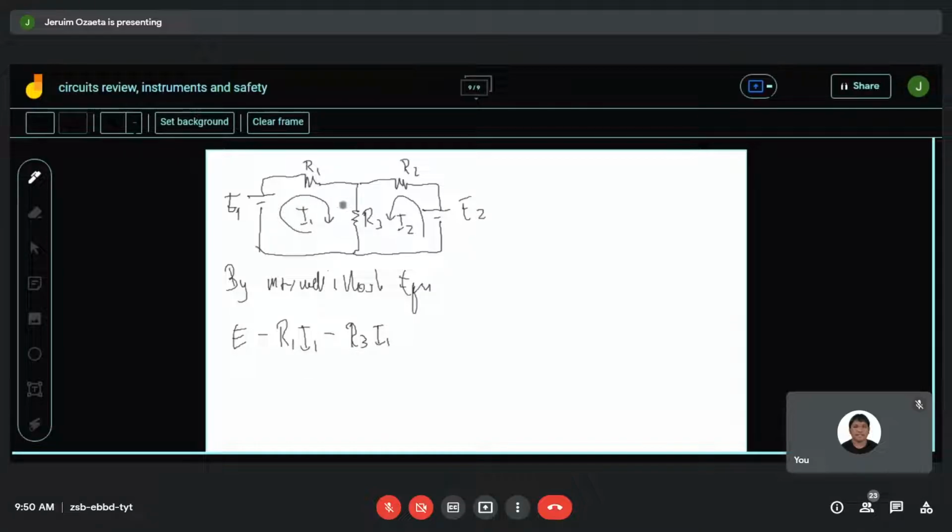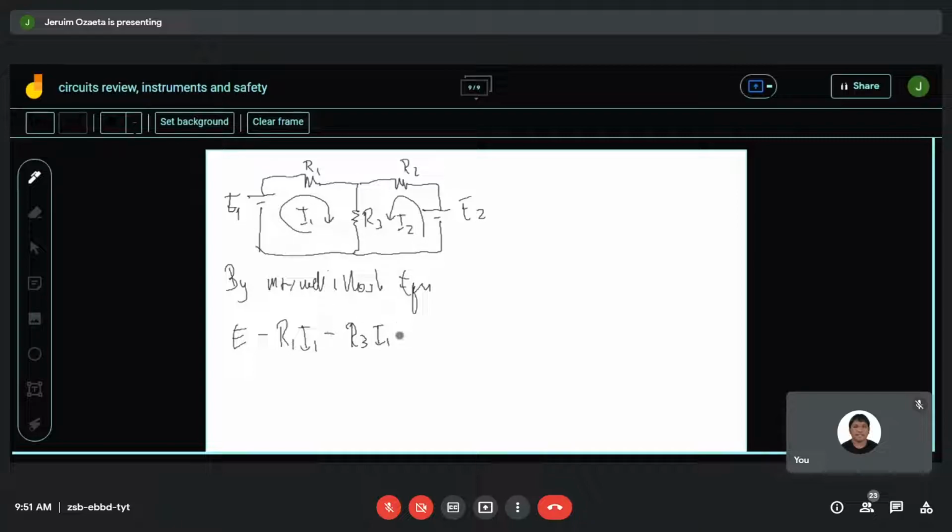Take note. The current I sub 1, as it passes through R sub 3, causes a drop. But at the same time, there is also a current through R sub 3 due to I sub 2, and there is also a drop at that.